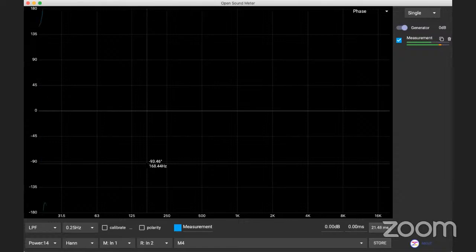So what I will be doing is when I play this speaker and this speaker together, you should hear a comb filtered sound. Because of the physical distance between these two speakers and the center speaker, you will get a phase cancellation.